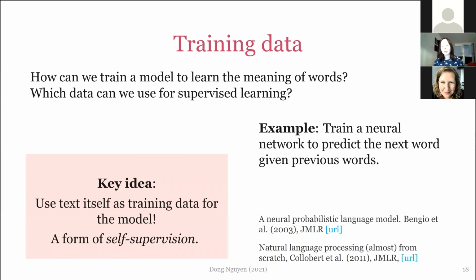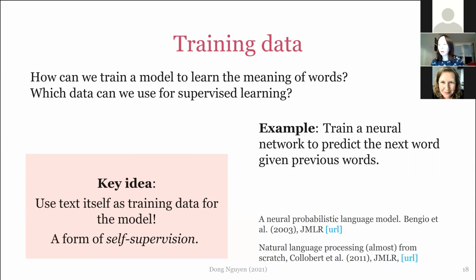Right, to give you a concrete example, let's say we want to train a neural network to predict the next word in a sentence given previous words. You can imagine if you want to do this, the model needs to have some encodings or some associations regarding language.